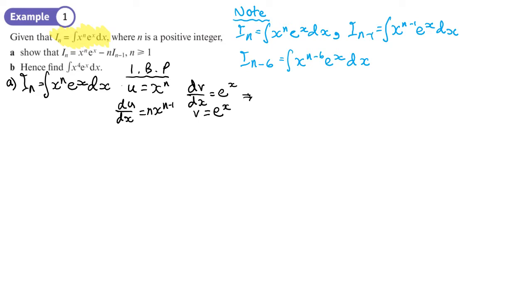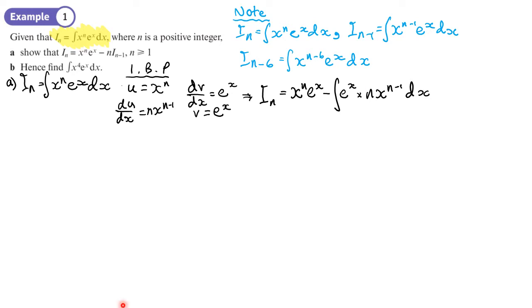So applying that into the integration by parts formula, we can say I sub n, which is the integral, is equal to uv, so that's x to the n e to the power x, minus the integral of v du dx, which is e to the x times n x to the power n minus 1 dx.